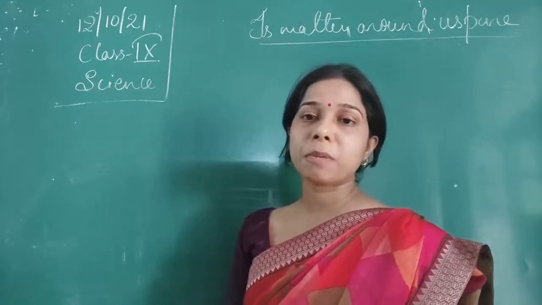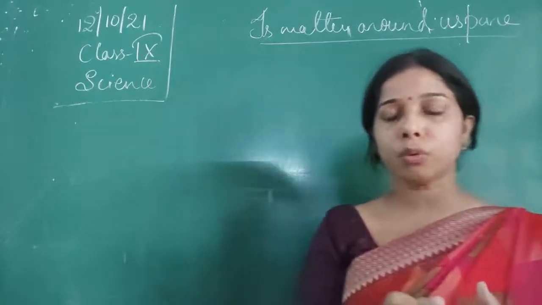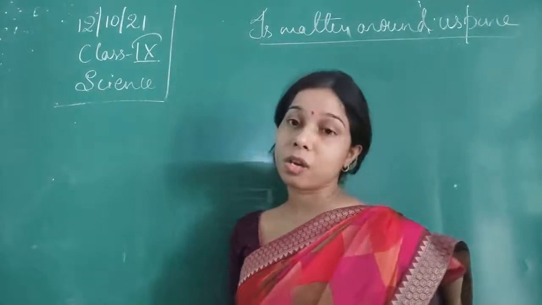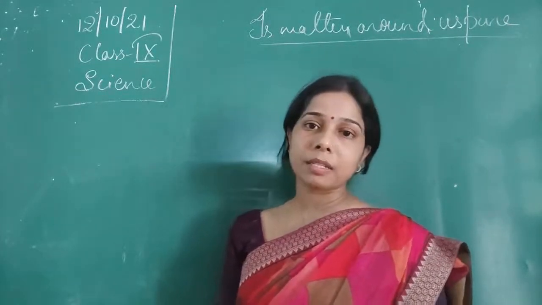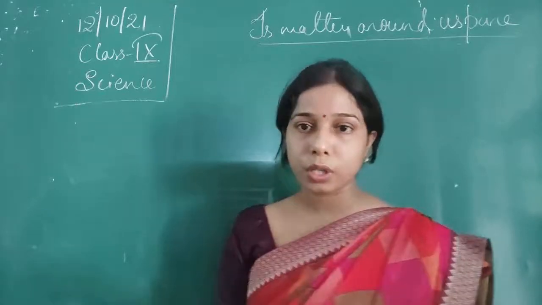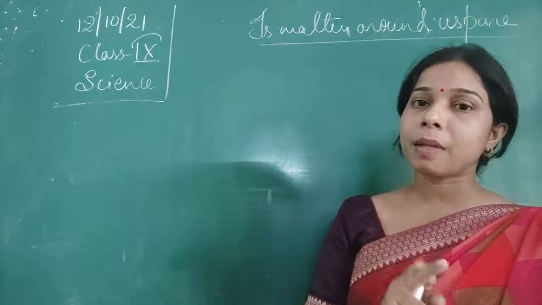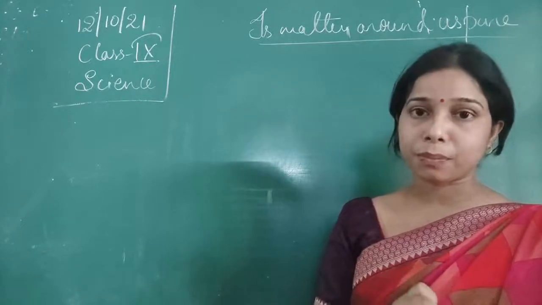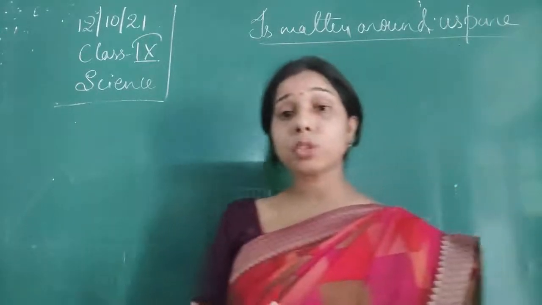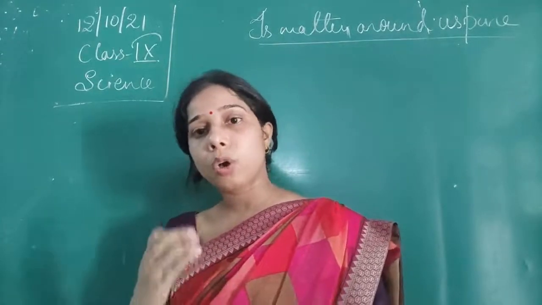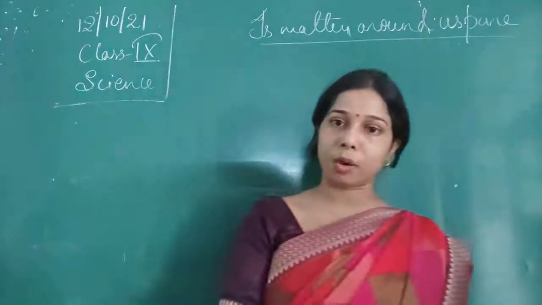Volume percentage is the volume of the solute upon the volume of the solution into 100. And mass by volume percentage is the mass of the solute upon the volume of the solution. Then we have understood what concentration is and how we can convert a concentrated solution into a dilute one.